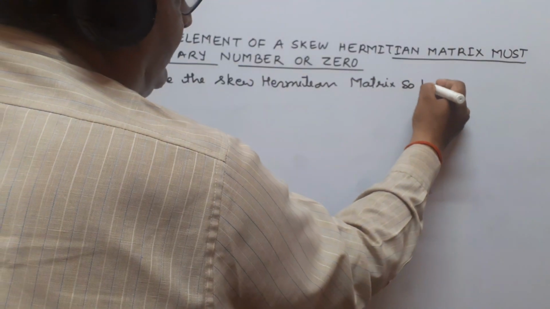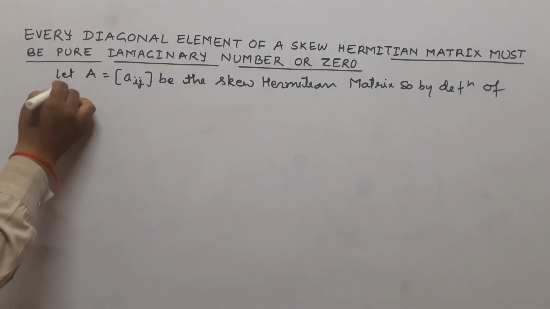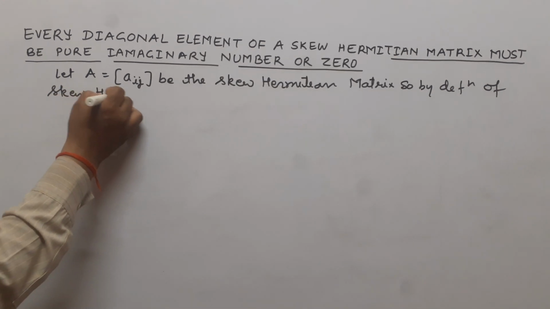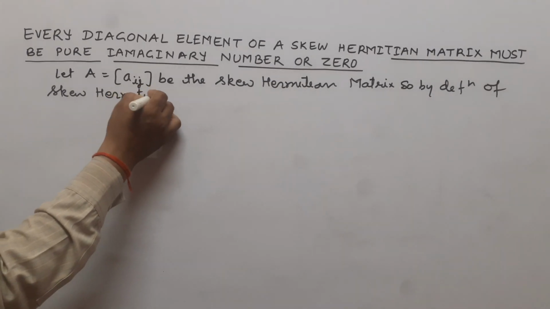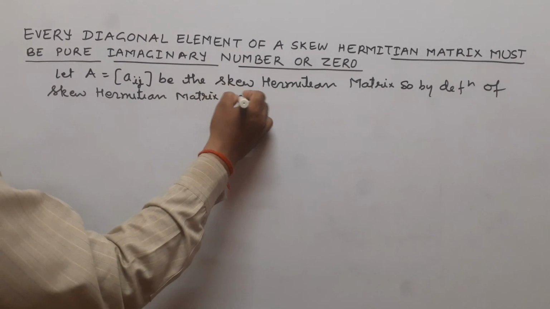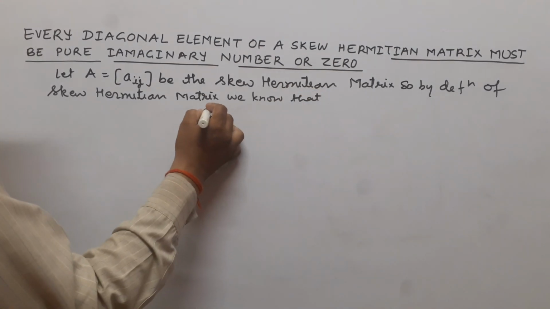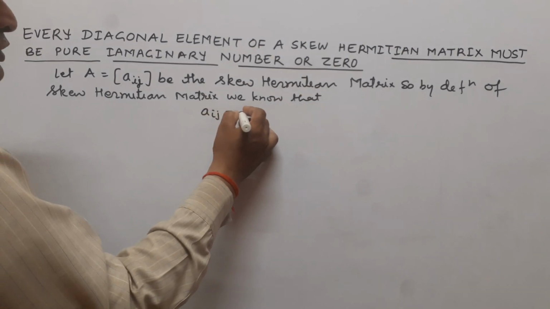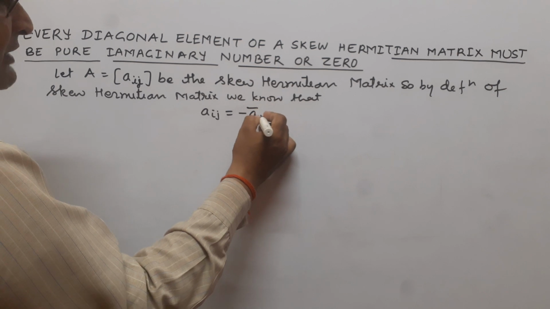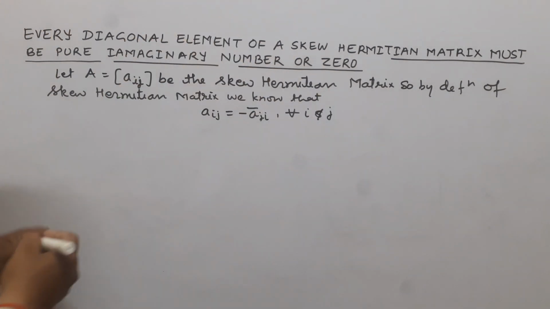By the definition of a skew Hermitian matrix, we know that aij is equal to negative times the conjugate of aji for every i and j.